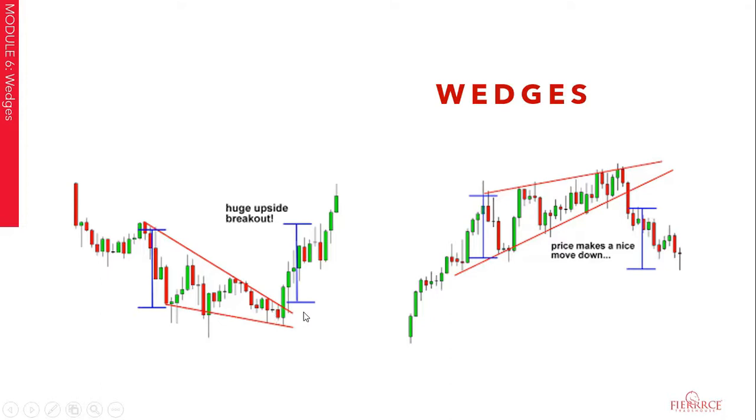Remember, in the ascending and the descending triangle, the support zone was relatively equal lows, and that's when price was broken down. But with the wedge, the triangle is actually literally descending, which is so interesting.